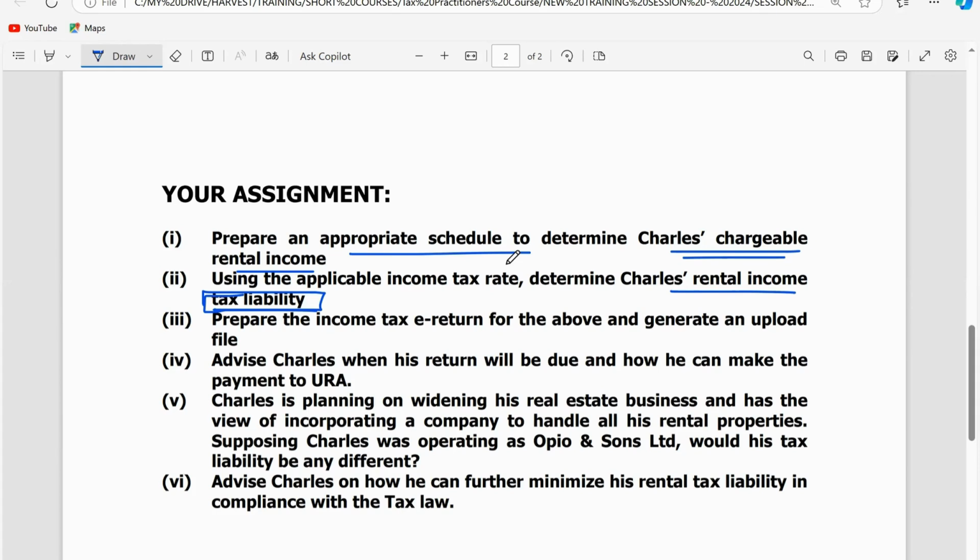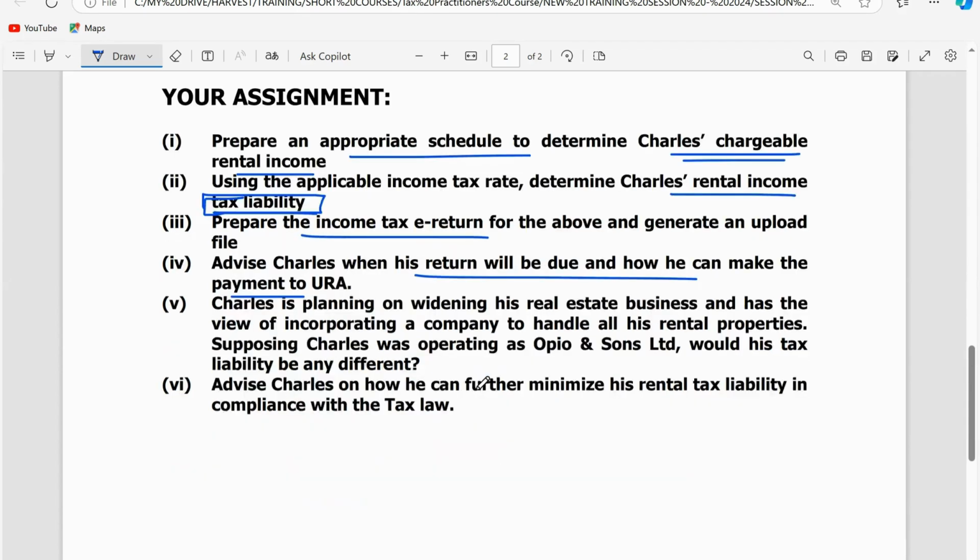What else are we going to do? We are going to prepare the tax return for this. And then we are going to advise Charles when this return is due and when the payment is supposed to be made to URA and how we can even pay that.